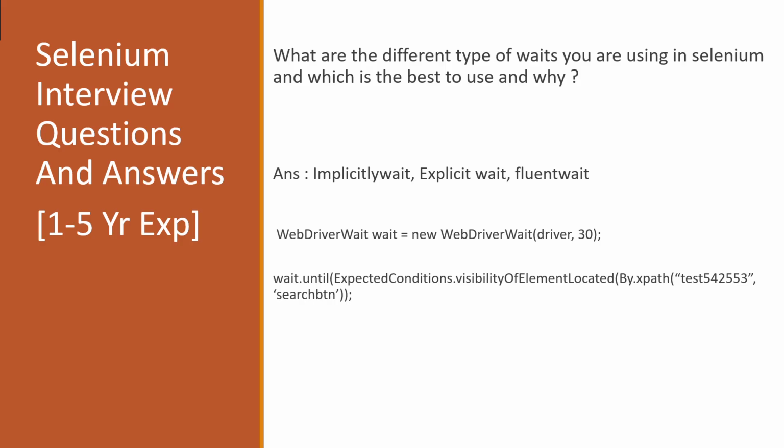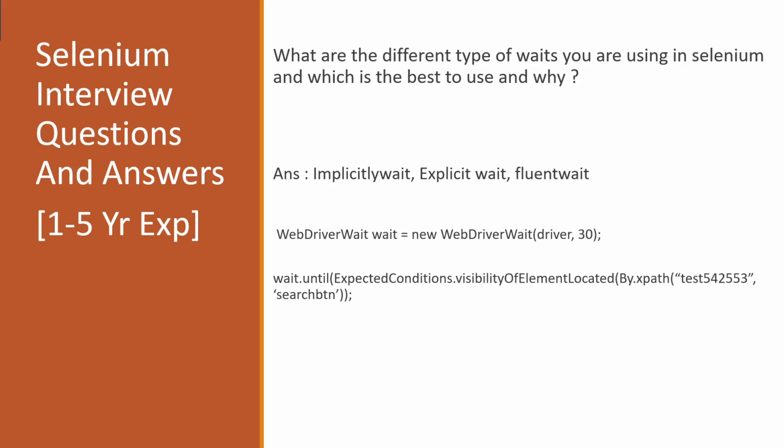Inside explicit wait you can give multiple conditions. You can check the visibility of the element, or the presence of the element. Those methods you get easily using explicit wait. Sometimes the page is not loaded, and before the page loads we try to click on that particular web element, and obviously it will fail.